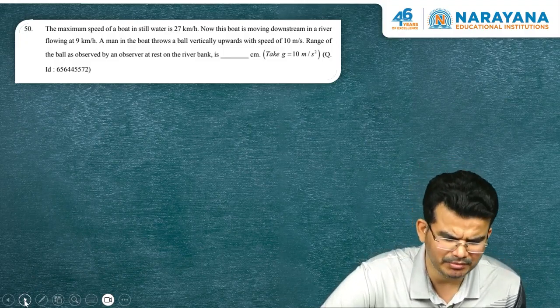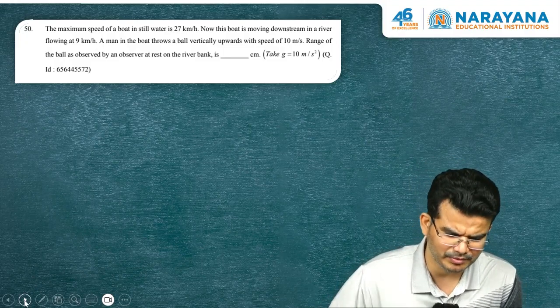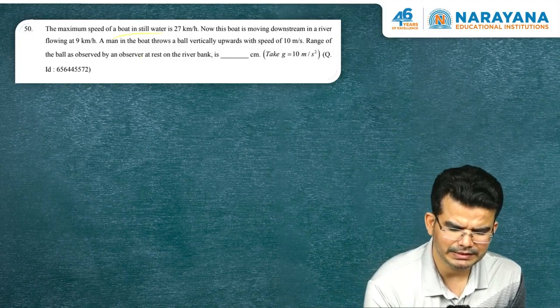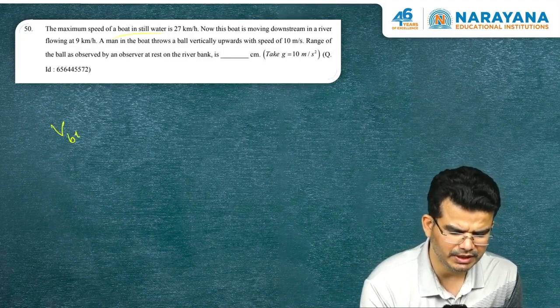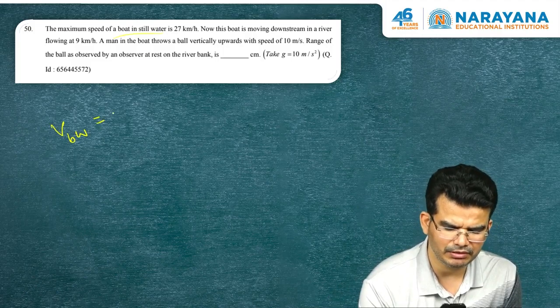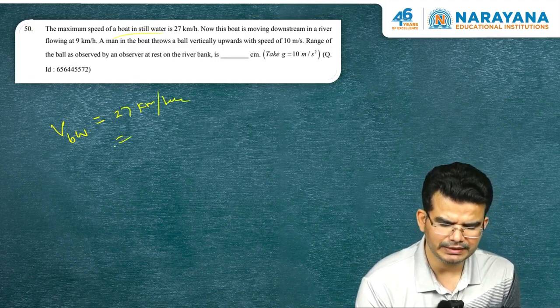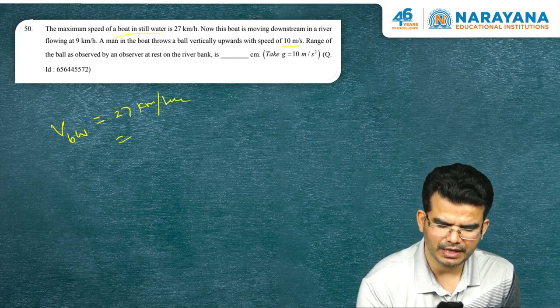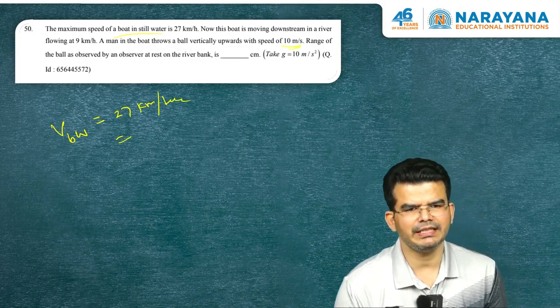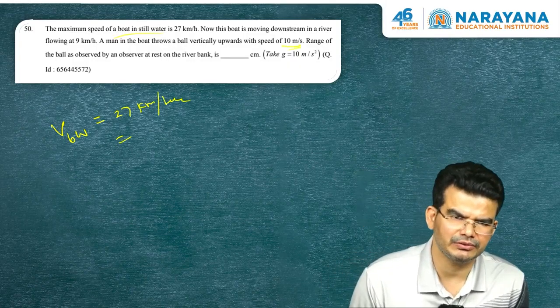Again, a very simple, basic river boat problem. They are saying the velocity of the boat in still water, VBW, is 27 km per hour. But later you have 10 meter per second, so data is in kilometer per hour and also in meter per second. So, we have to change.